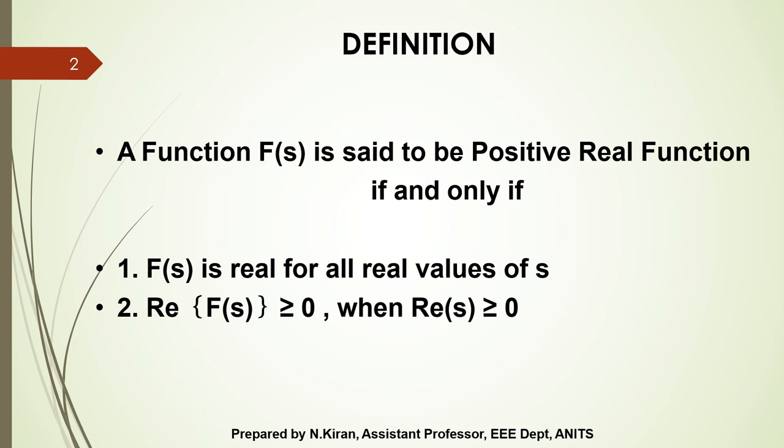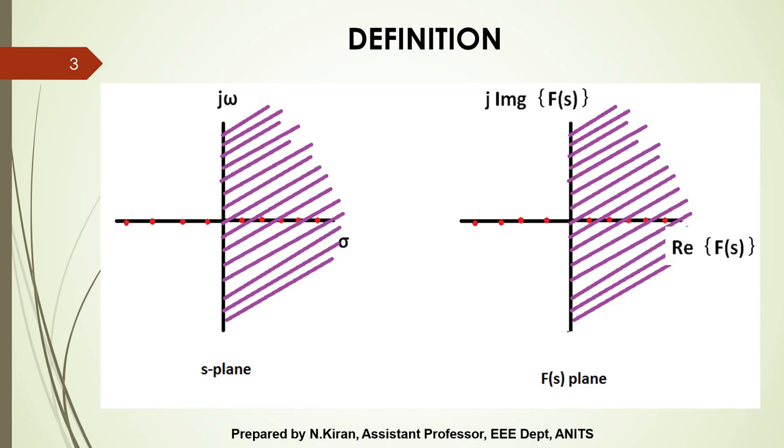And this is shown in the form of a graphical representation. The red dots indicate all the real values of s in the S-plane, and here the red dots indicate the real values of f(s) in the f(s) plane. So the first condition is satisfied, isn't it?